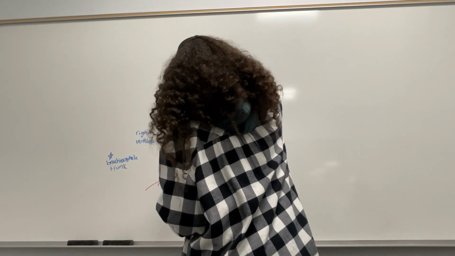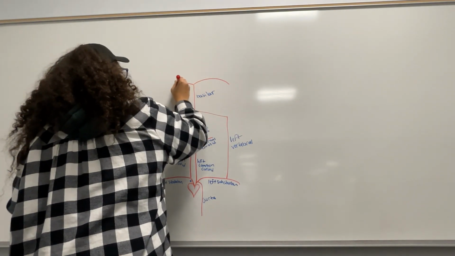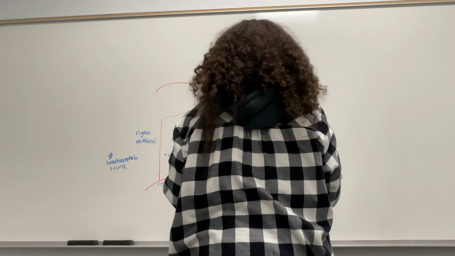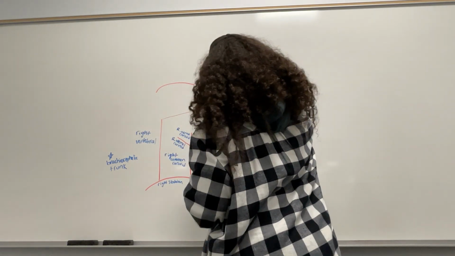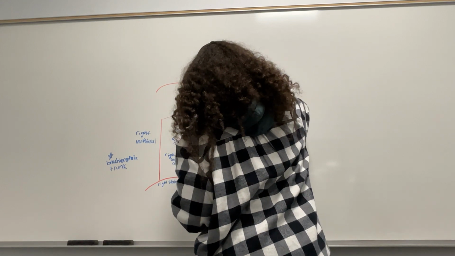Off of the basilar, these two structures are the posterior cerebral.